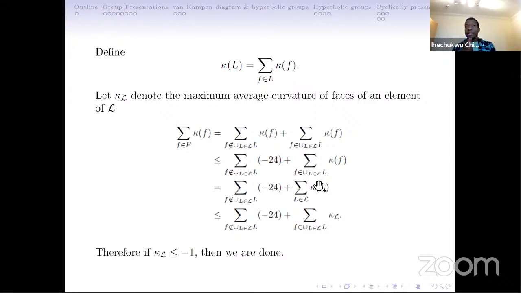I pick an L in my curly L and take the average curvature of that. The maximum is this KL here. Therefore, if we can show that KL is less than or equal to minus 1, then we are done. This is what I want to show.